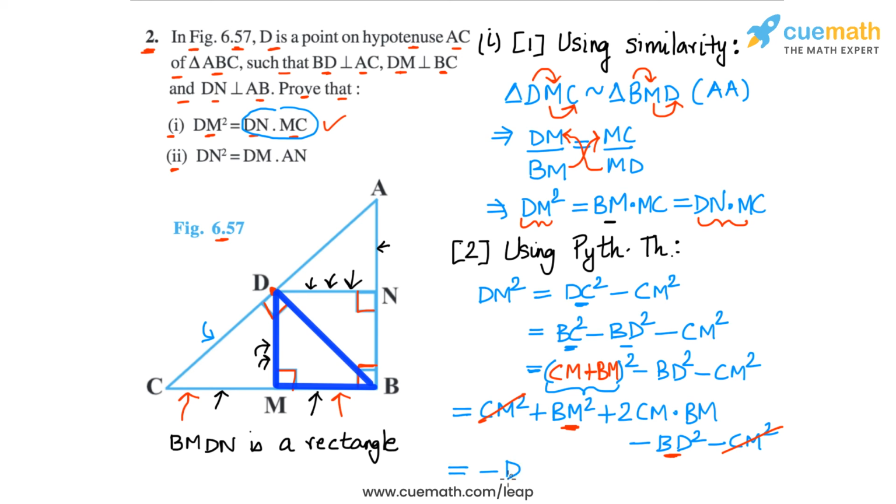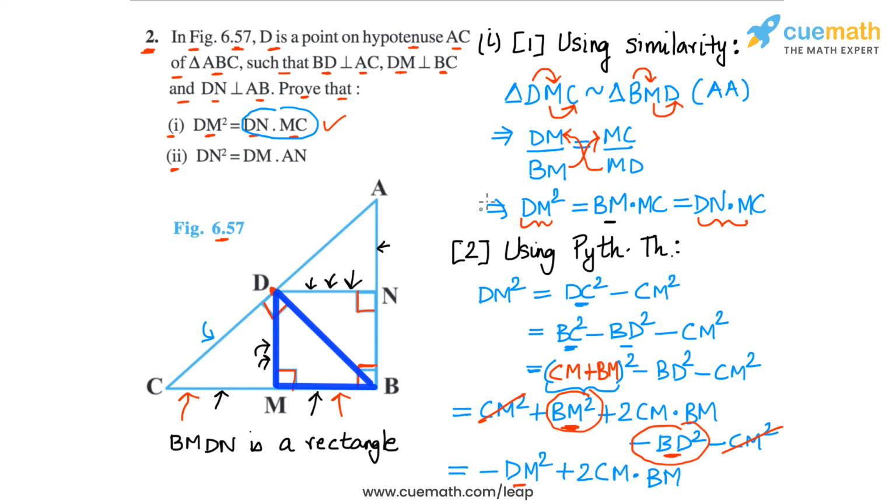So make sure you understand this. You will get minus DM square. So I have basically combined this term BM square and minus BD square and written it as minus DM square. And then I have plus 2 times CM into BM.